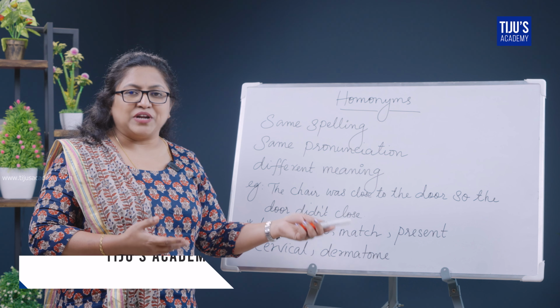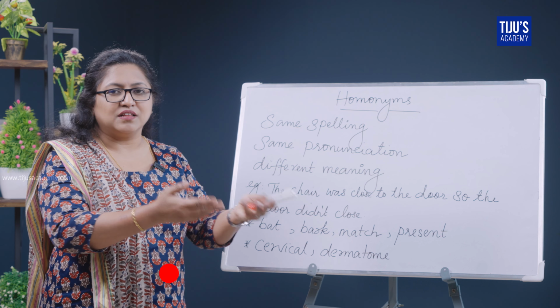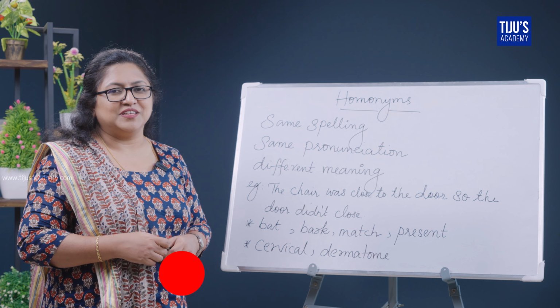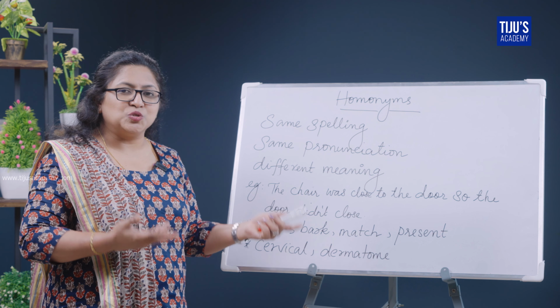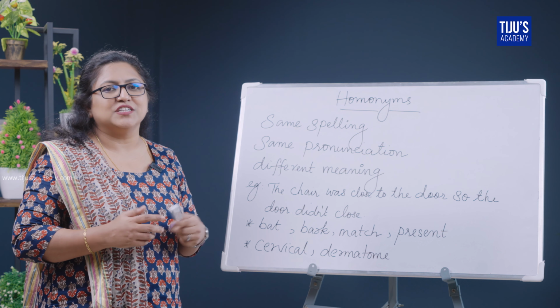Similar to that is present. Present, as you know, you can present the sermon, or it could be a gift. You could present the present. So these two terms have the same pronunciation and spelling but different meaning.